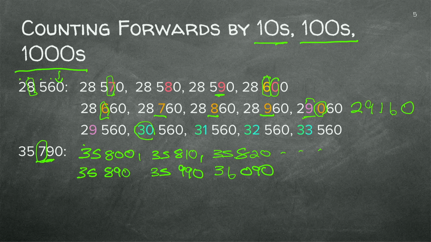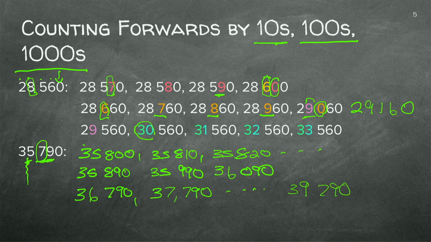Right, and then the last one, the thousands column, we're going to say 35,790, so it's that one. So it is 36,790 and 37,790. And what do we do when we get to 39,790? Yes, the 9 is going to become a 0 and the 10,000 column will be increased by 1.